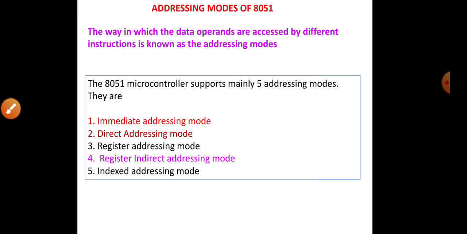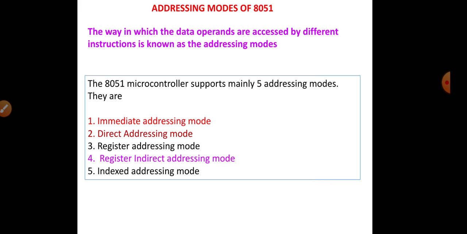Then, beginning with the addressing modes of 8051. With respect to a definition, the method of specifying the data in the instruction is called an addressing mode. Or in other words, the way in which the data operands are accessed by different instructions is known as the addressing modes.